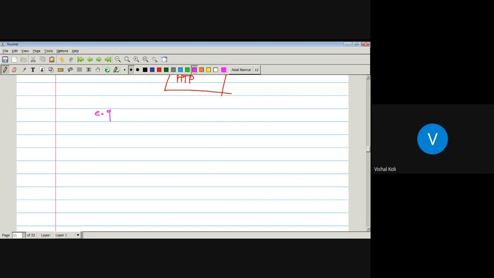For example, suppose first GCD of 12 and 30. What is the common multiplication in these two factors? 6. 6 into 2 comma 6 into 5. So what is the value of k here?